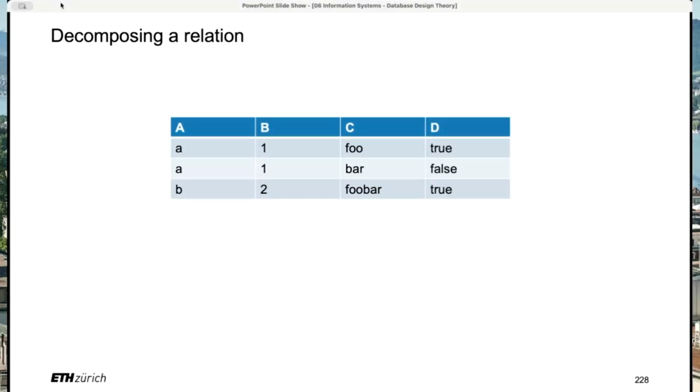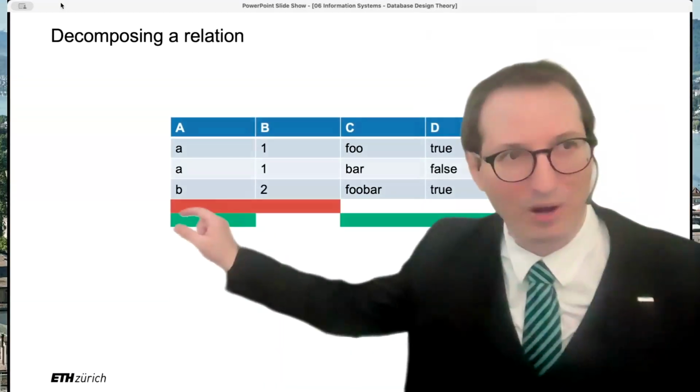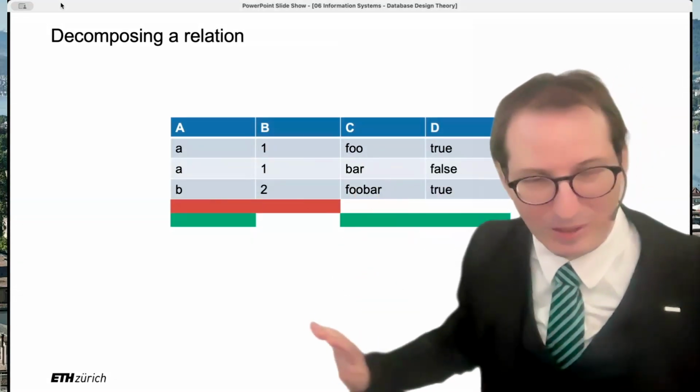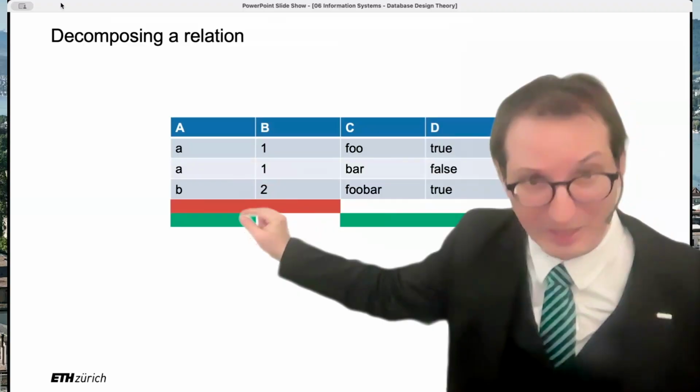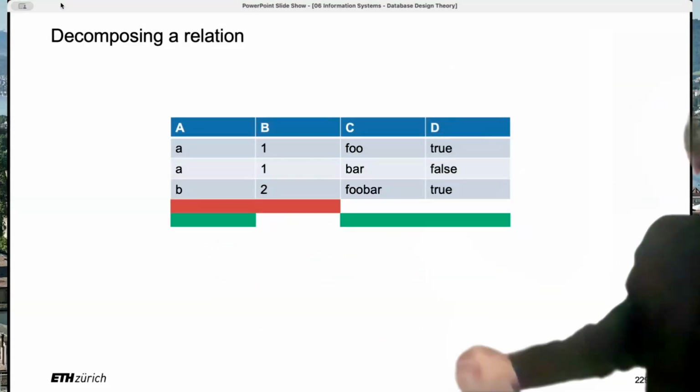So let's take an example of a relation. I have ABCD, and imagine that I'm going to project it on AB and on ACD. By the way, when I project it, they should overlap. Because if I just project it on disjoint subsets, then that doesn't bring me anything, because we need to be able to join them back. So I project on AB, and I project on ACD.